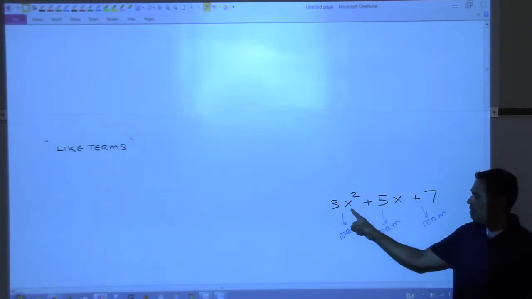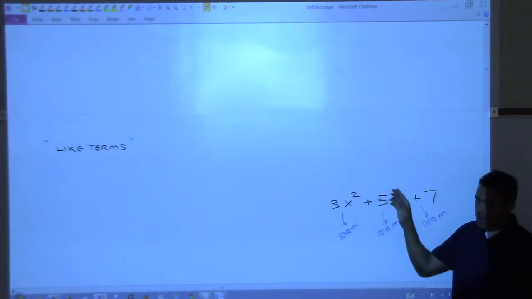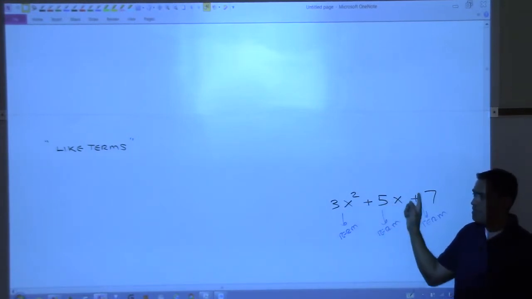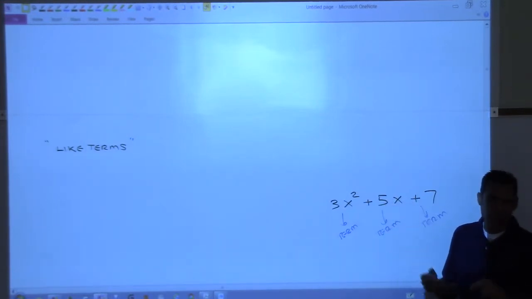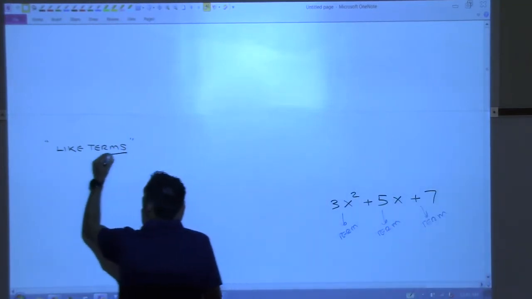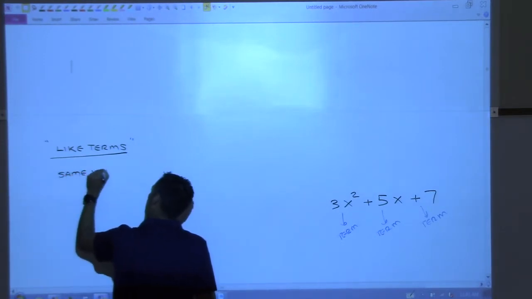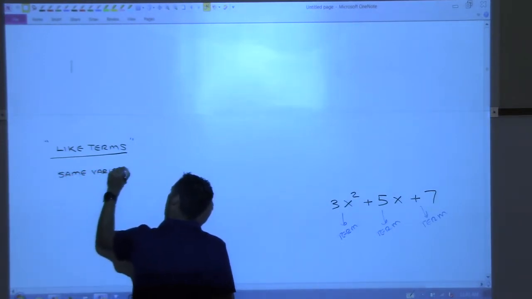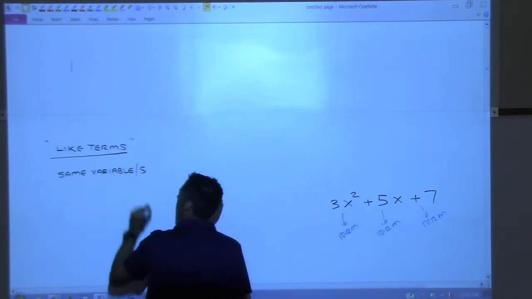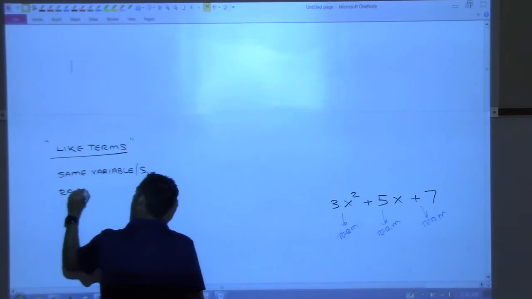So far, so good. But then they have to have the same exponent, or the same power. If they have the same variable raised to the same power, then they are called like terms. And if you have like terms, you can add them and subtract them. So like terms: same variable or variables raised to same power.